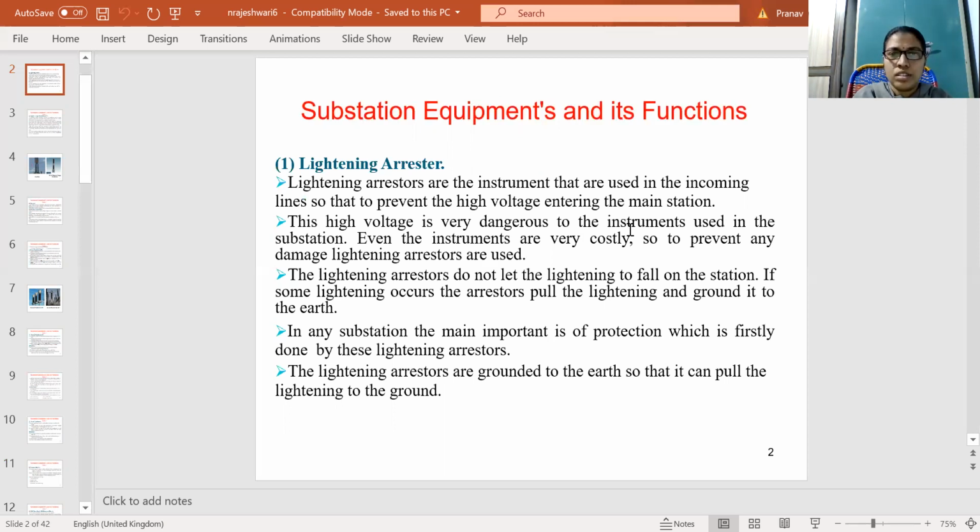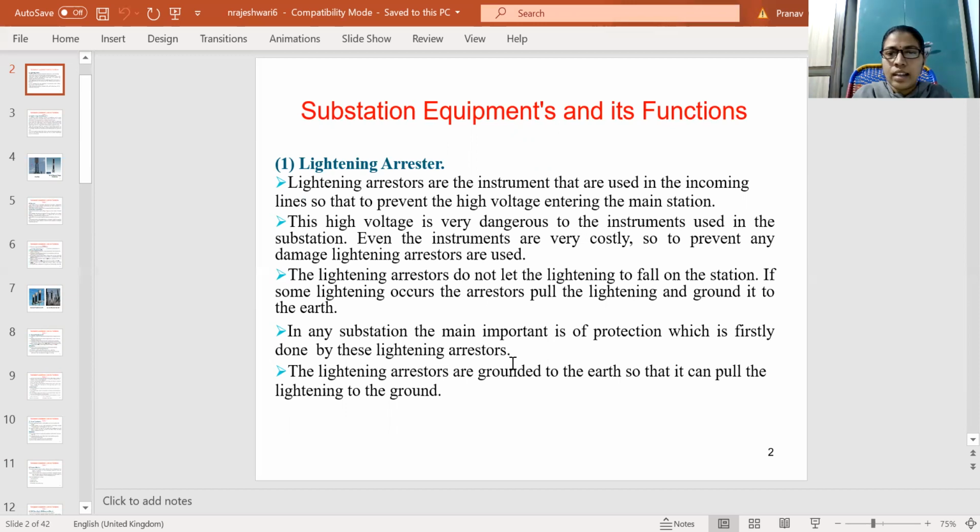They do not let lightning fall on the station. If lightning occurs, the arresters capture it and ground it to the earth. In any substation, the main protection is firstly done by these lightning arresters.